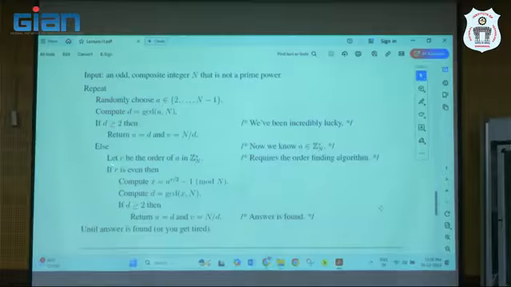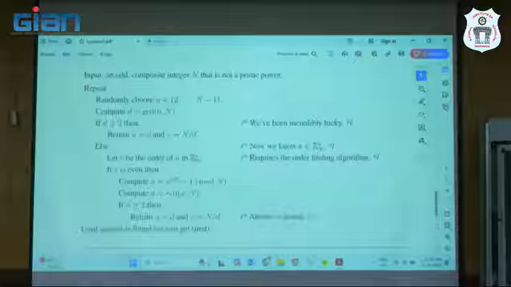If r is even, you found the order. If r is even, then compute A to the power r over 2 minus 1 mod n. Call it x. Compute D, which is the GCD of x and n.